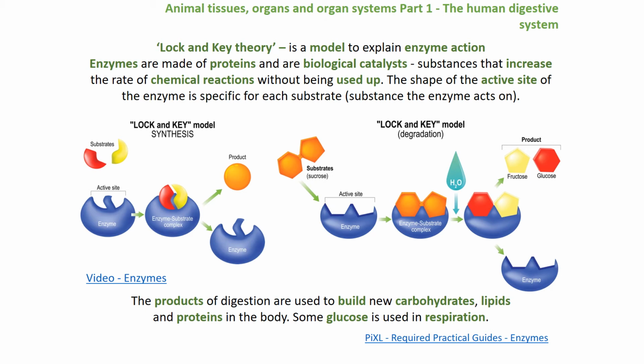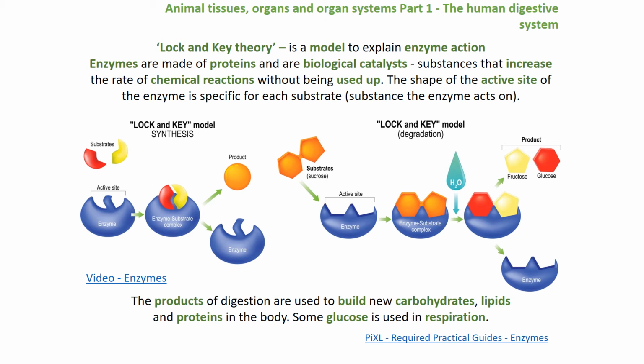So when we're actually making our own proteins and our own lipids and our own carbohydrates, we actually need enzymes to put it together and make human ones. So the lock and key model synthesis means to make. So you can see you've got the substrates coming together, joining together, and it's forming one product.